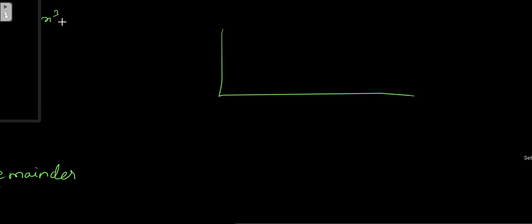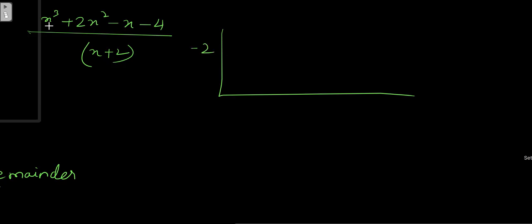Another sum we will do. What is x cube plus 2x square minus x minus 4, all divided by x plus 2. So this is minus 2 here, and 1, 2, minus 1 and minus 4 in descending order. The coefficients of the given equation are written here, and x plus 2 is equal to 0, then x is equal to minus 2.